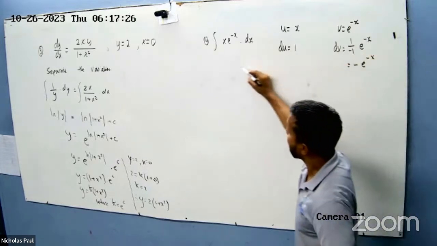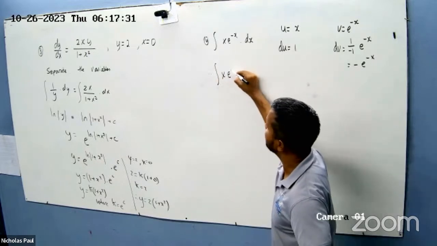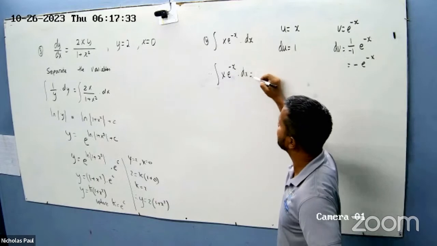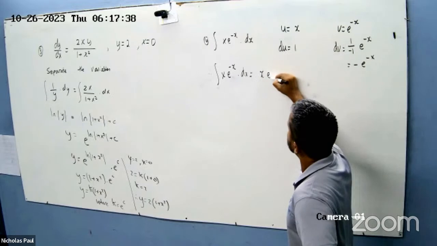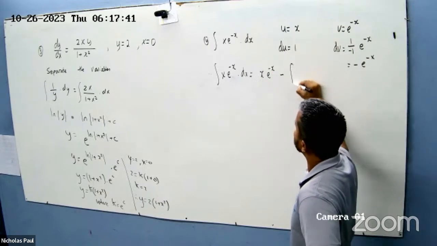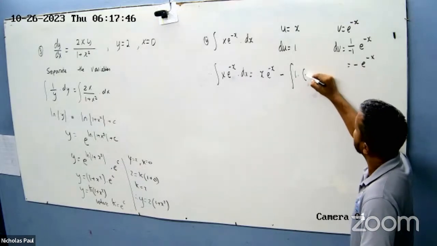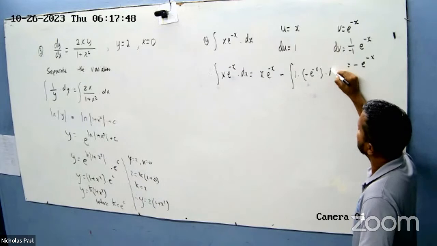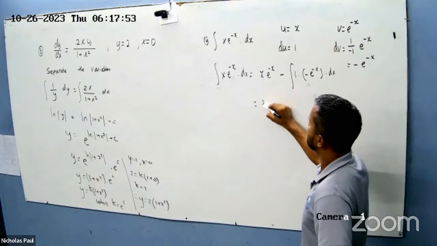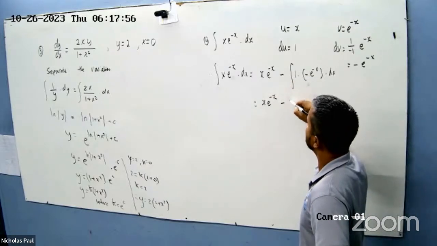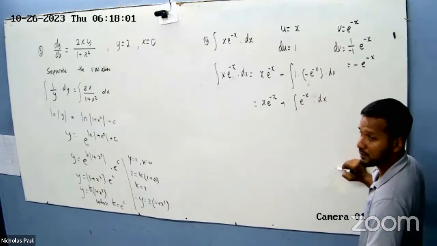Therefore, the integral of x e to the minus x dx is equal to uv, x e to the minus x, minus the integral of v du. So that's 1 by minus e to the minus x dx. This minus sign I can put on the outside, and it becomes a positive integral of e to the minus x dx.